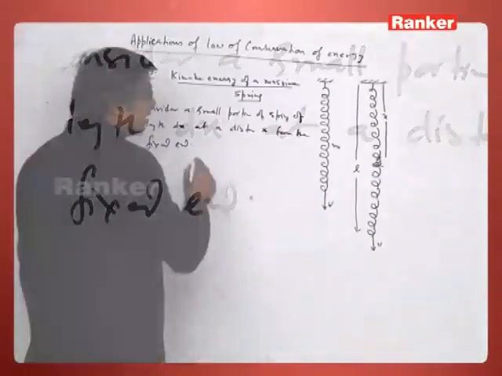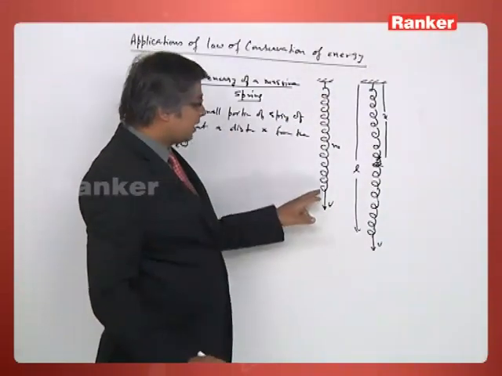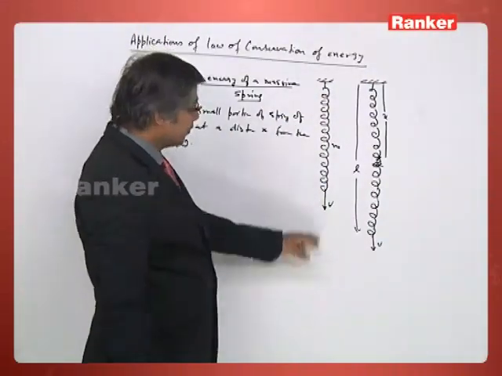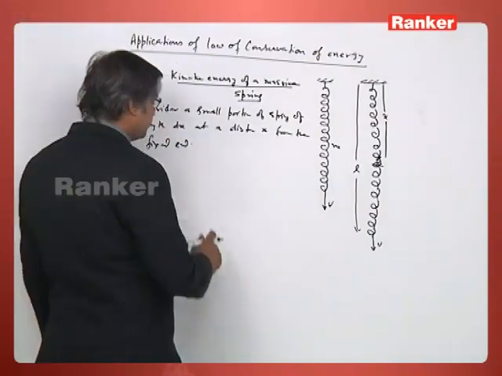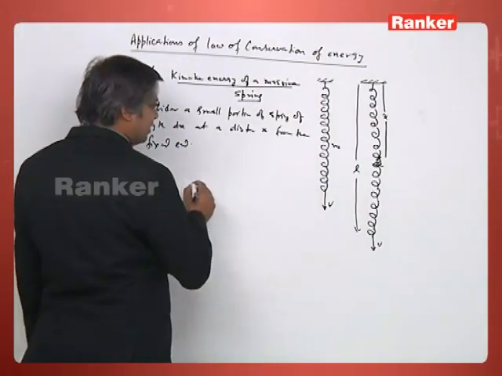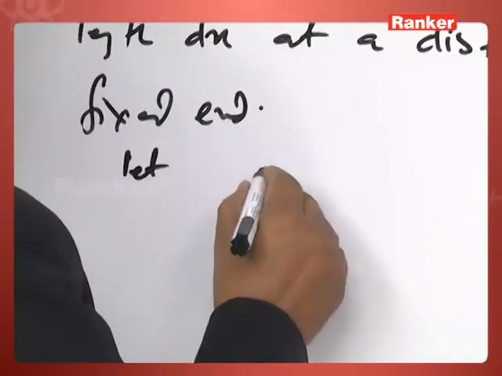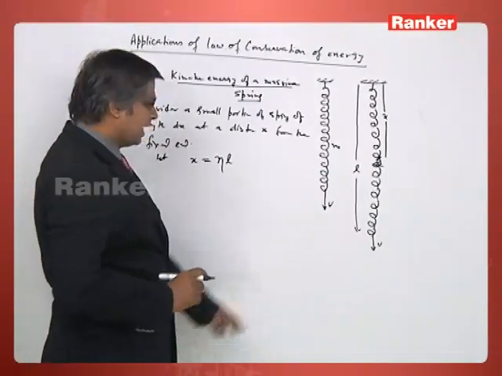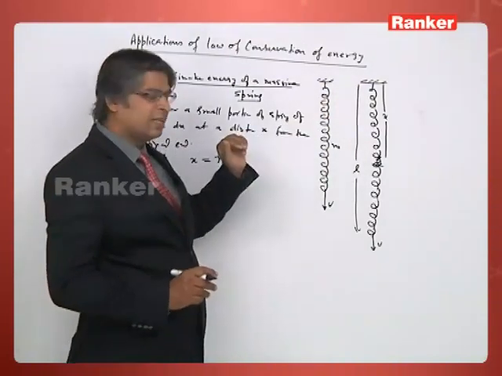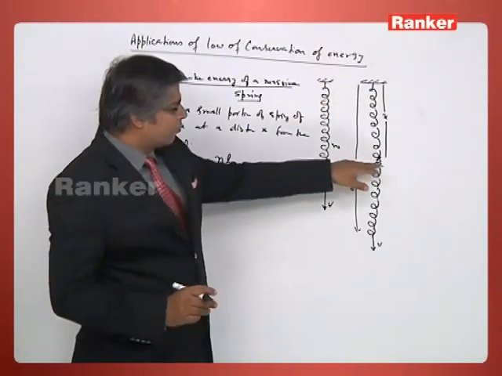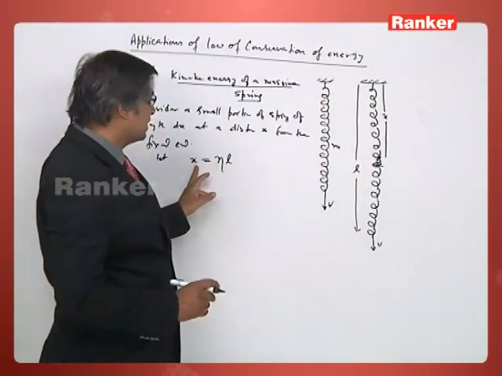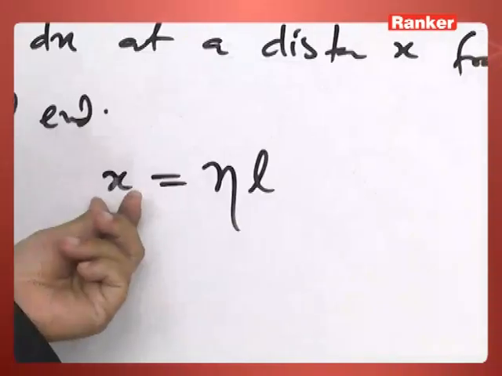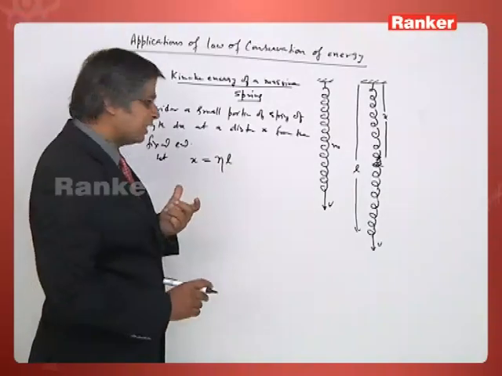The spring has one end fixed and the free end is pulled with velocity v. Let x equal eta times L, where L is the instantaneous length, and we consider the element at position x, which is eta times L.